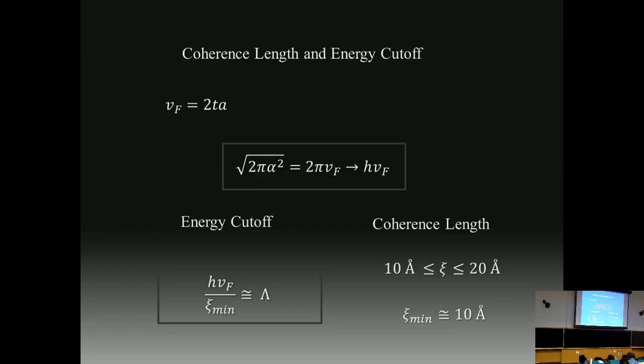If you square this, cancel 2 pi, you have alpha is 2 pi squared. And lambda is an energy cutoff, which is written in terms of the coherence length, which is of the order of 10 angstrom for the high-Tc cuprates, whereas for conventional superconductors, this coherence length is of the order of 500 angstrom.